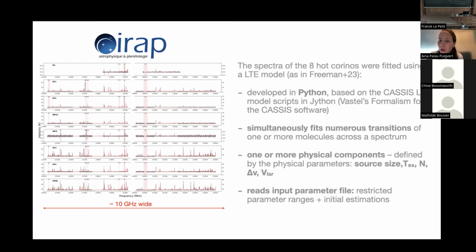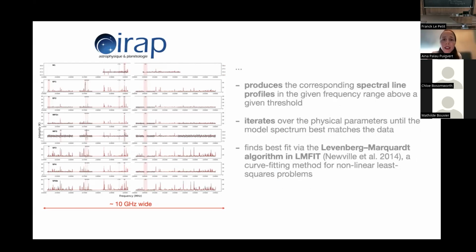And each physical component is defined by the parameters of the model, which are the source size, excitation temperature, column density of each species, line width, and velocity. So we have to give an input parameter file restricting the parameter ranges and giving initial guesses, and the code produces a synthetic spectrum, which in the end is minimized.